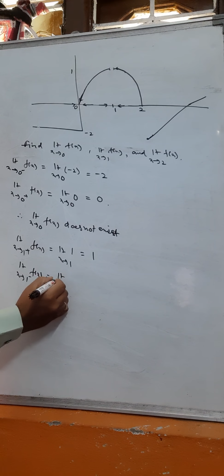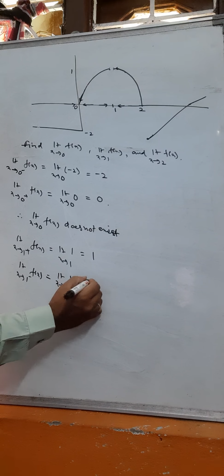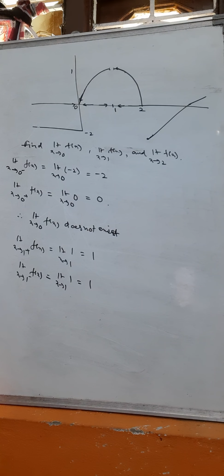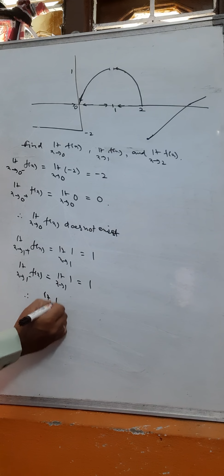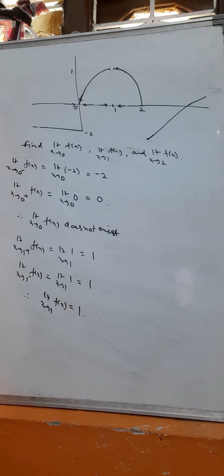So limit x tends to 1 plus f of x is equal to limit x tends to 1 minus f of x. Therefore limit x tends to 1 f of x is equal to 1.